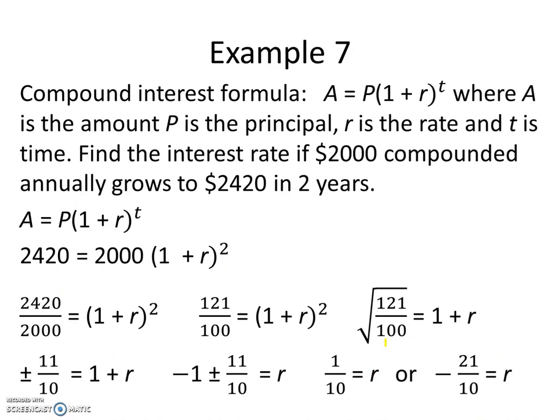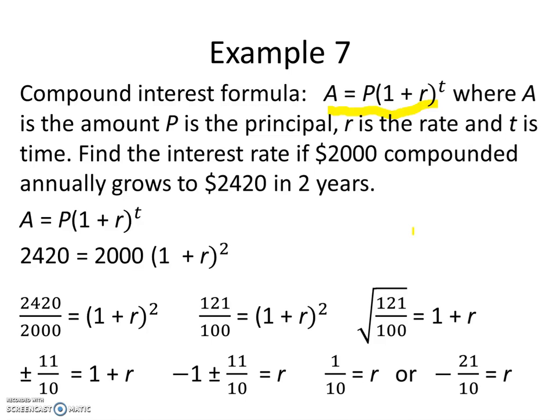On example 7, we have a new formula, and it's a compound interest formula, where the amount A equals P times the quantity 1 plus r, all raised to the t, where A is the amount, P is the principal, r is the rate, and t is time.